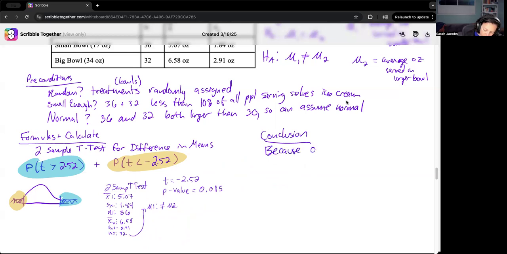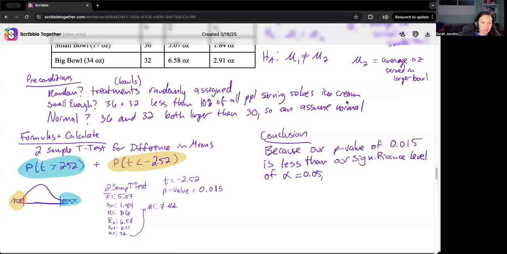Because our p-value of 0.015, you must say the actual p-value, is less than our significance level of alpha equals 0.05. P is low. We're going to reject the H-naught. We reject the null hypothesis. That's sentence 1.